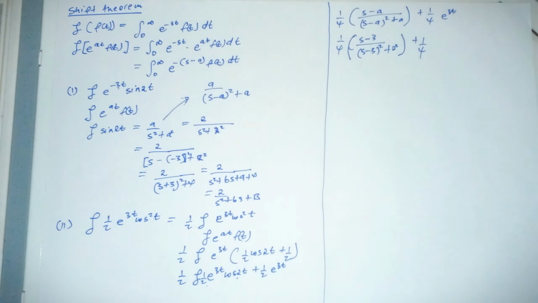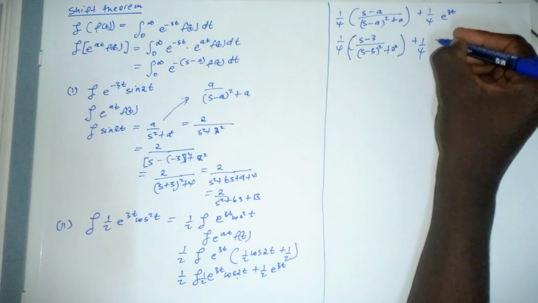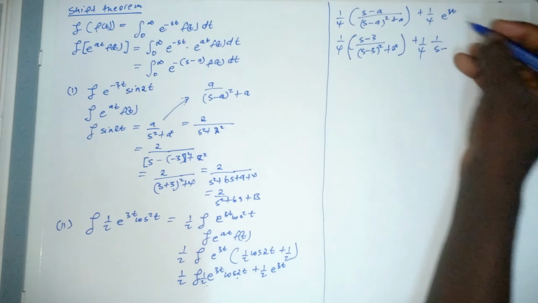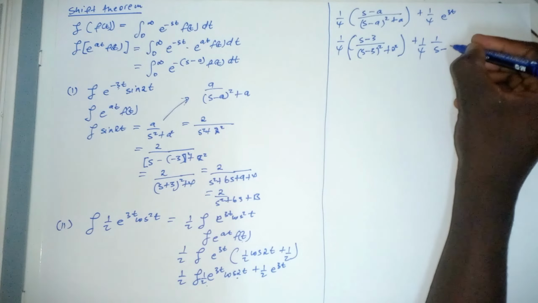And we know the Laplace transform of e to the power 3t is going to be 1 over s minus the coefficient of t, which is 3.